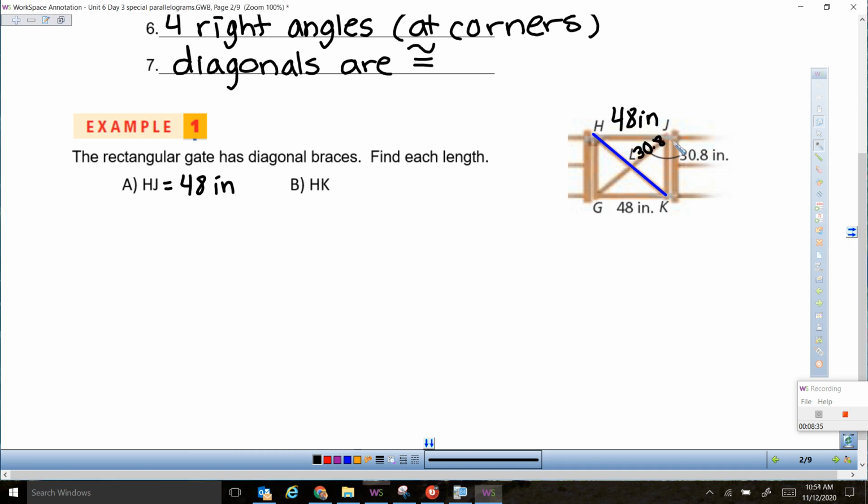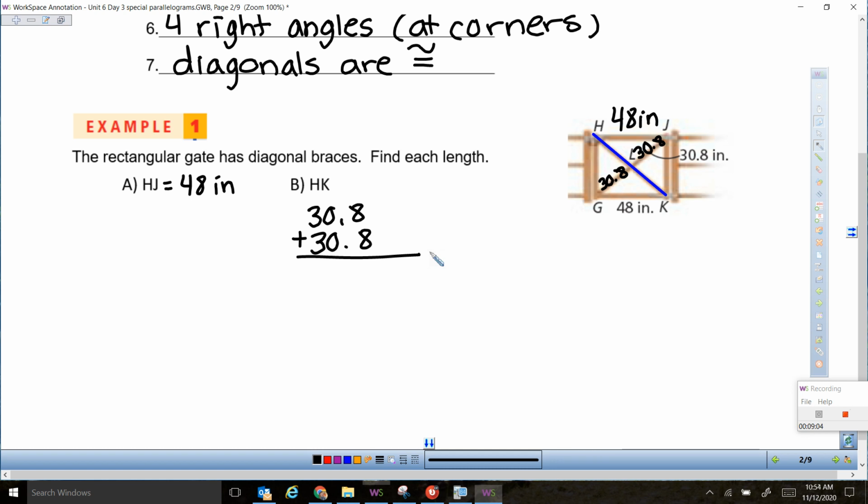And since a rectangle is a parallelogram, we know that the diagonals bisect each other. What does bisect mean? Cut in half. So the top half of the diagonal is 30.8. What is the bottom half of the diagonal? 30.8. So to find the entire length of the diagonal, we need to add 30.8 and 30.8.